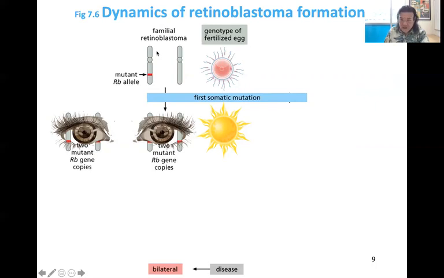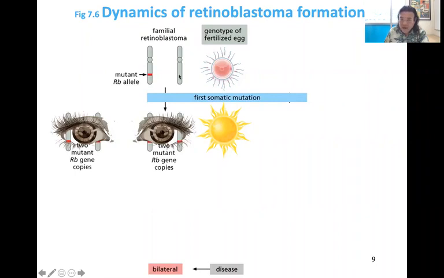Every single cell in her body will have one copy of the mutant RB allele, because it was inherited from the dad's side, the dad's contribution to her genome. So every single cell in her body has this mutant RB allele in it. But when she's first born, every single cell in her body has a good wild type copy.